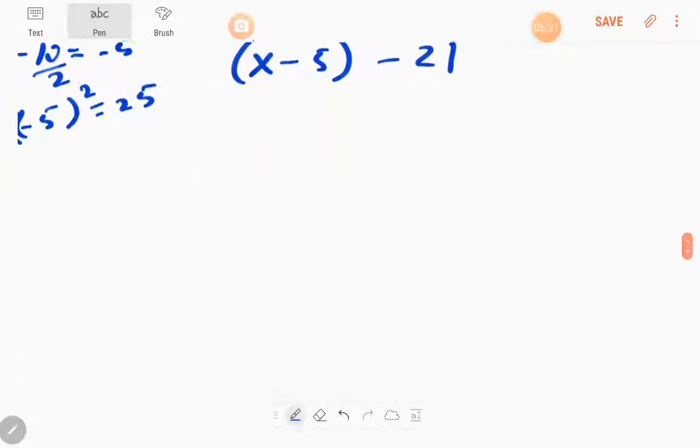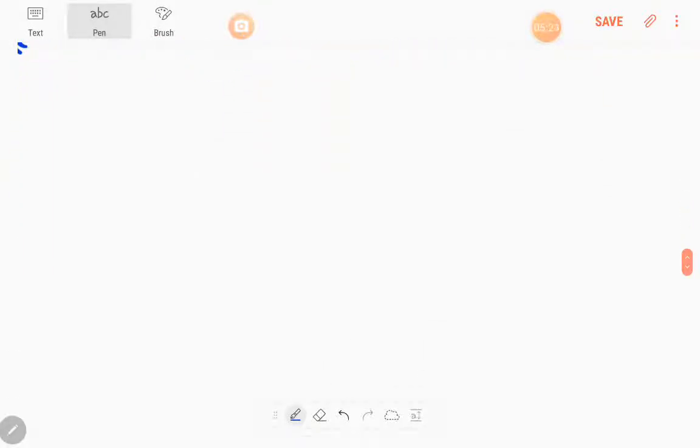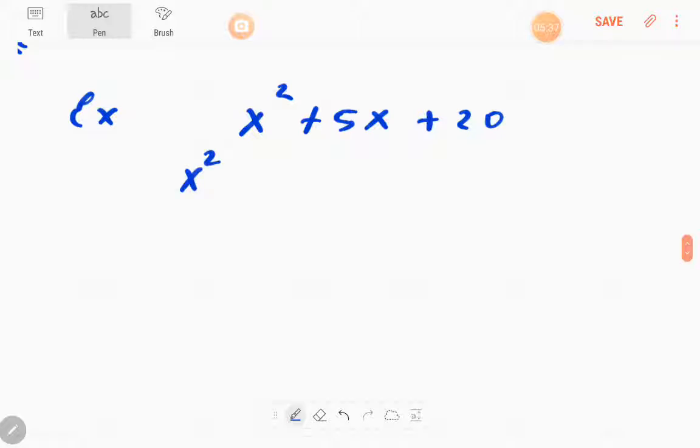Let's look at another example. So here, suppose we had x squared plus 5x plus 20. So we have x squared plus 5x separating the first two terms. And then we have plus 20.